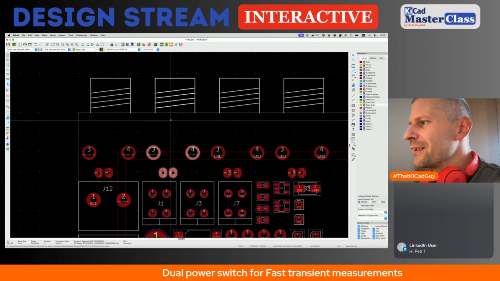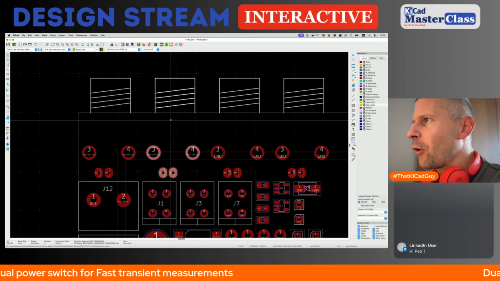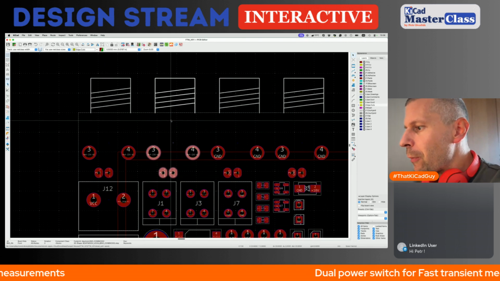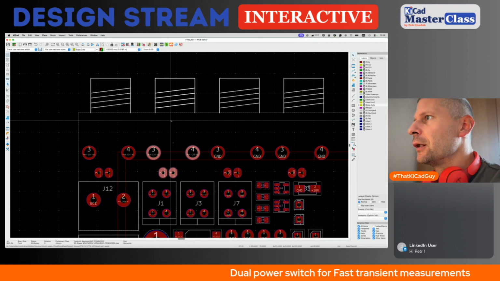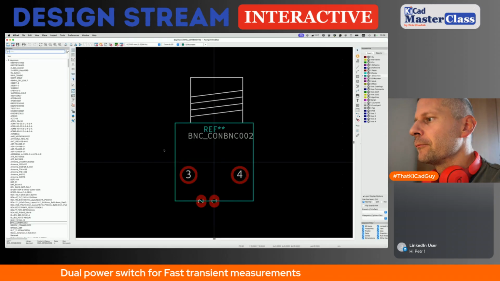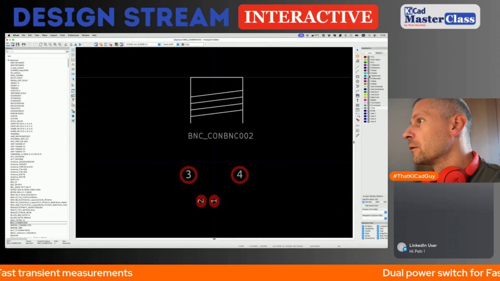You know what? This footprint of the BNC, which was one of the oldest footprints of my database, is a bug. It doesn't contain the fabrication layer.